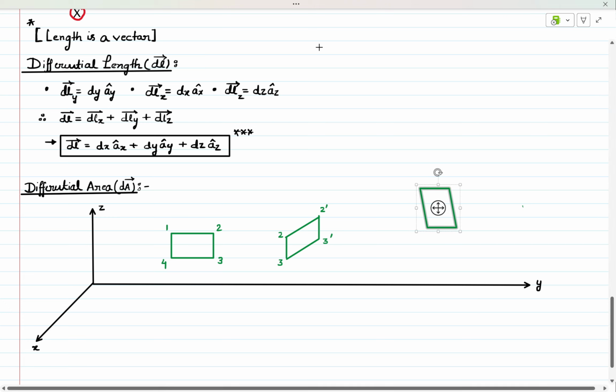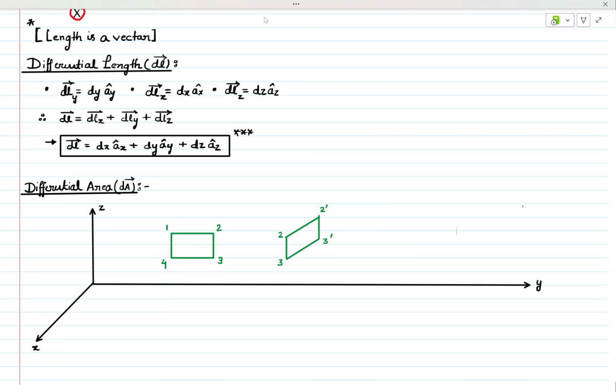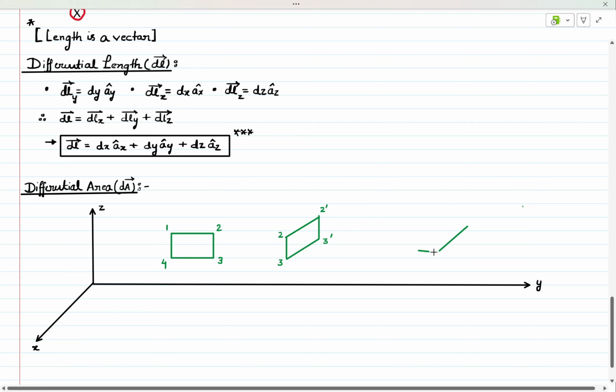I think I can't draw like this. What is that area? See, the last area is this.